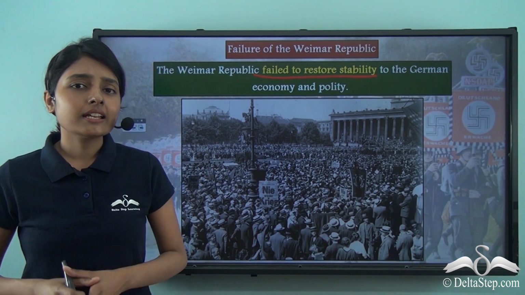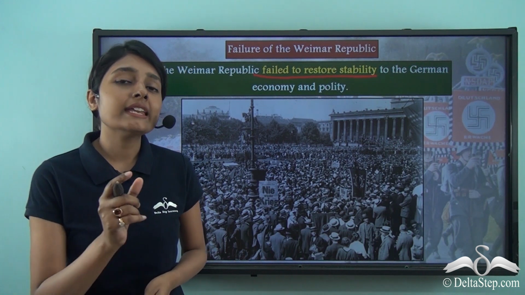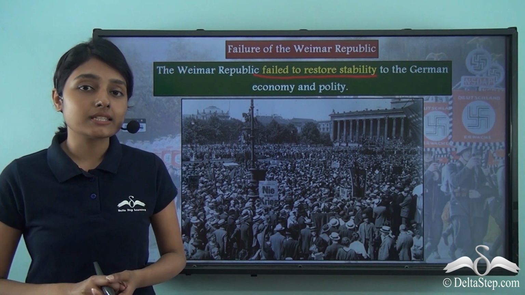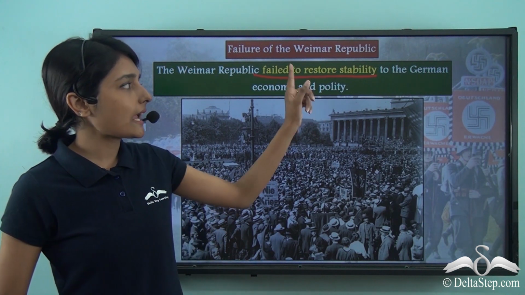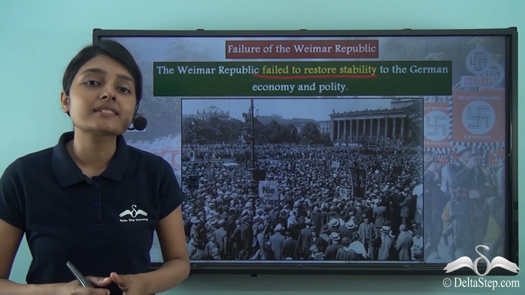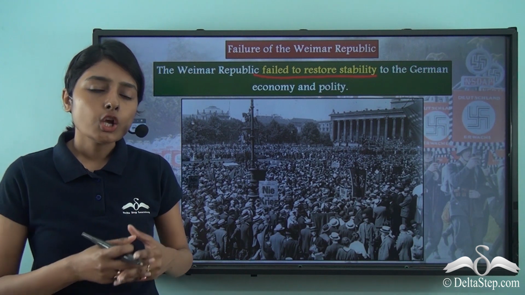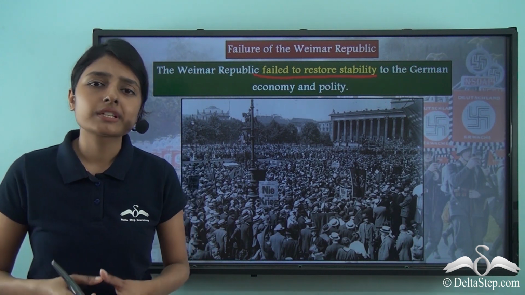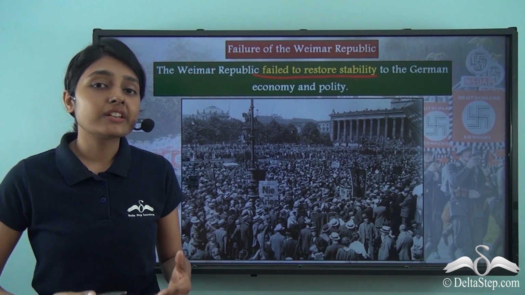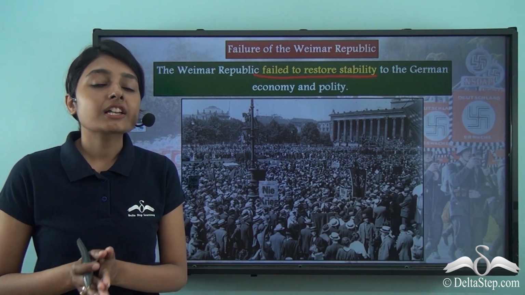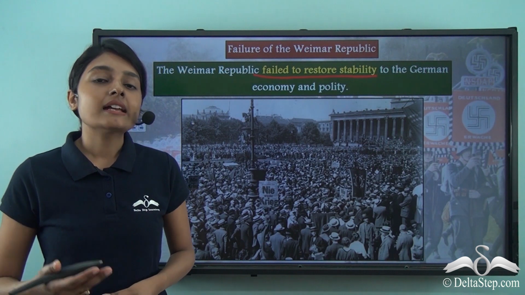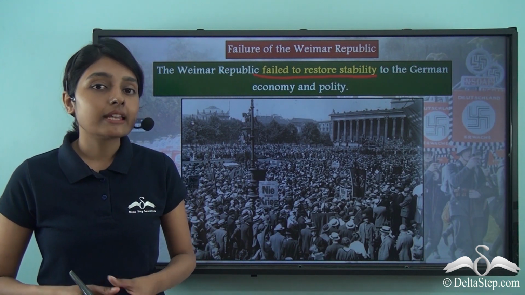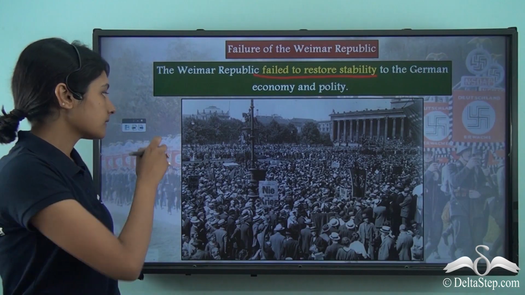And sadly enough, because of political inexperience and inability, the Weimar Republic was not able to restore any kind of stability or peace in Germany. Though it was federal democratic in nature and it was a very liberal government, it actually failed to be successful in restoring peace and stability in Germany in the interwar period.